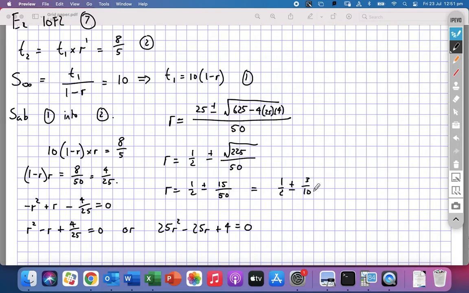So therefore R will be 8/10 or 2/10, which I should really write as 4/5 or 1/5. That was a bit of work.